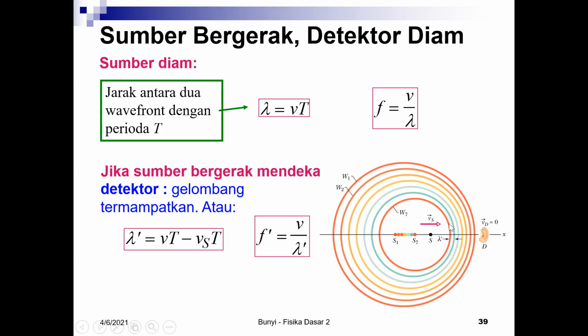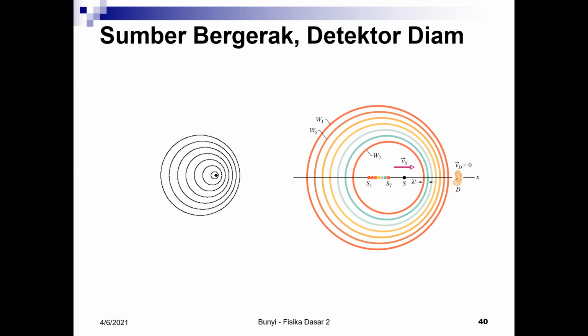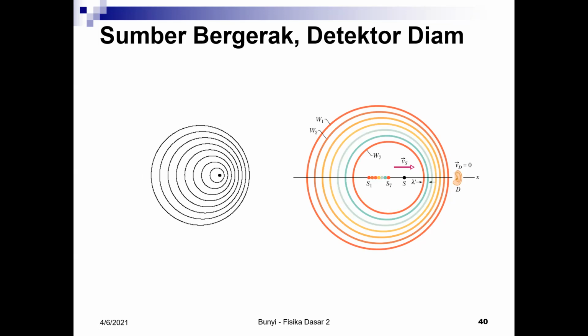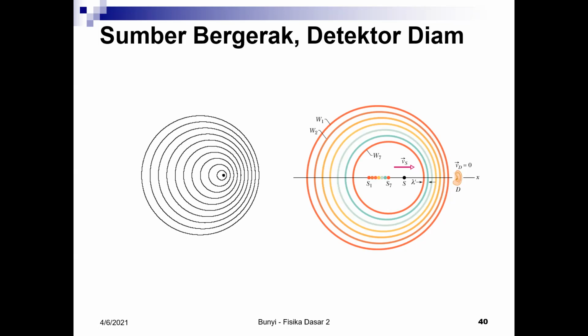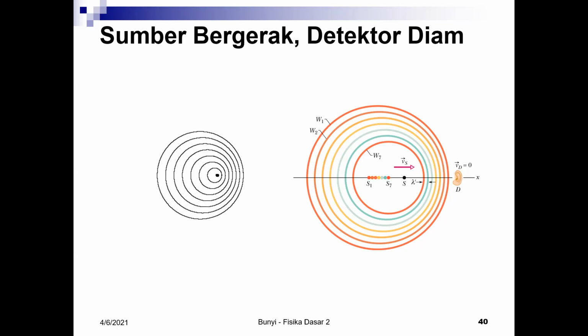So that's why lambda is greater than lambda prime, because lambda prime is the shorter wave. This is the simulation. If the source moves towards the observer, the wavelength becomes shorter, but the frequency becomes bigger.